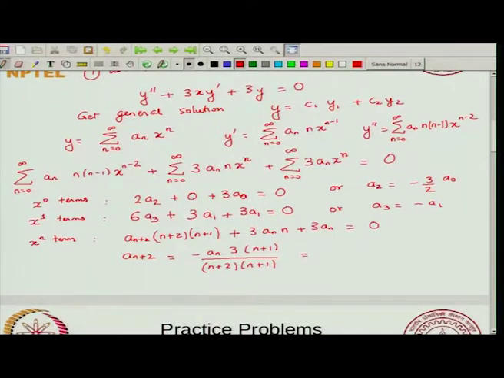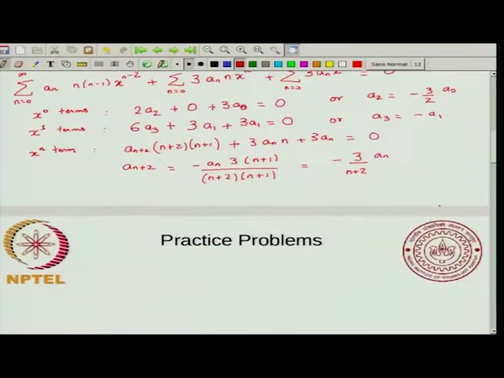So I can write it as minus 3an divided by n plus 2. This is my recursion relation. Incidentally, if you put n equal to 0, you recover the a2 and a0 relation. If you put n equal to 1, you recover the a3 and a1 relation. So this is a general recursion relation from which you can get all the terms.